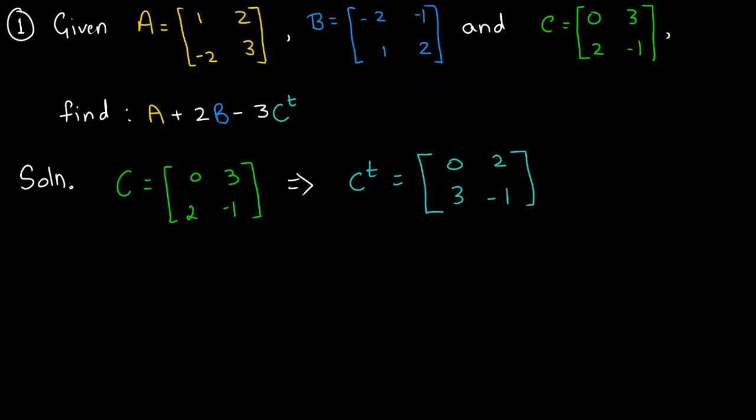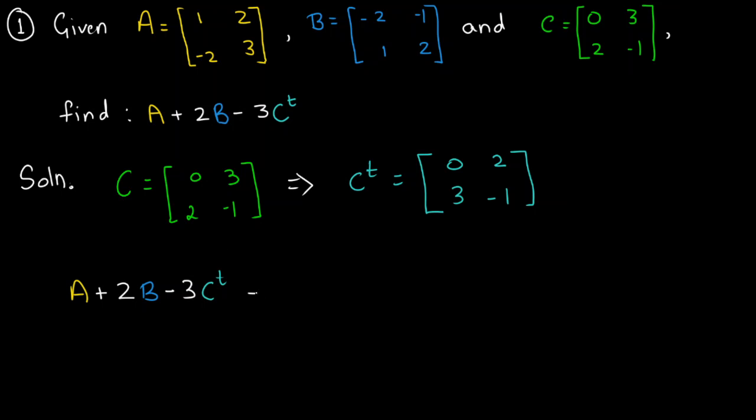Now all we need to do is substitute these values. We need to find the value of A plus 2 into matrix B minus 3 into C transpose, right?